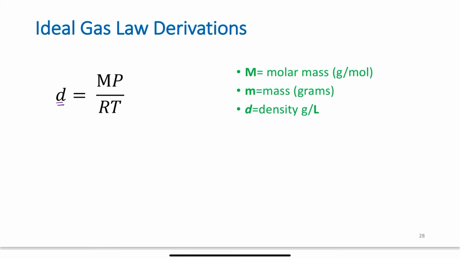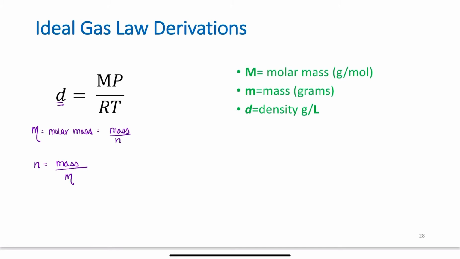But let's go ahead and derive how we get there. So we know that molar mass is equal to your mass divided by your number of moles. I'm going to rearrange this equation and solve for number of moles. Mass over my molar mass.